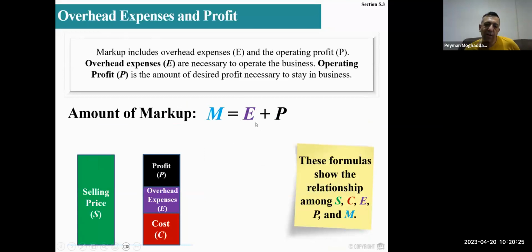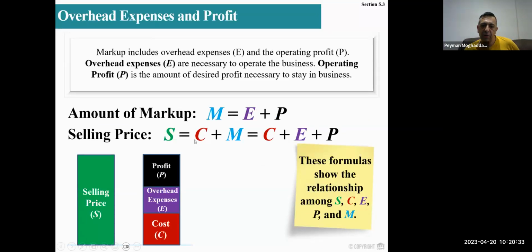Many businesses have overhead expenses, and that's how you calculate the markup. Selling price is cost plus markup, which is cost plus expenses plus profit. Okay, this is for one single item. So this is what we learned two weeks ago.